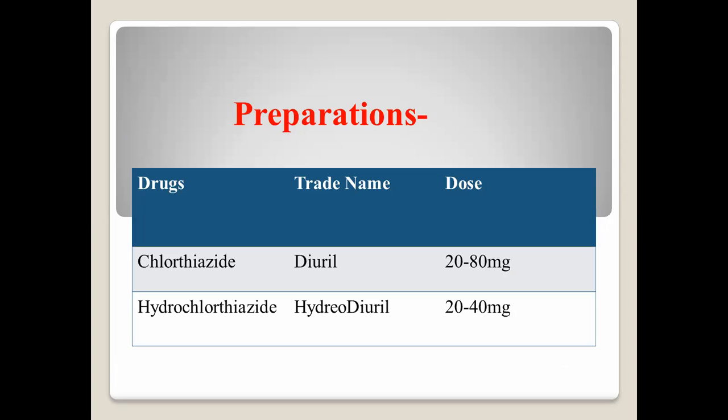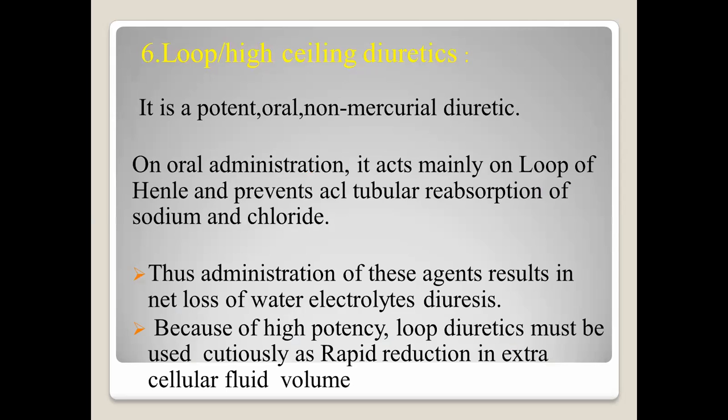Drug chlorothiazide, trade name Diuryl, dose 20 to 80 mg. आणि second hydrochlorothiazide, trade name Hydrodiuryl, dose 20 to 40 mg. Both the trade names are important for MCQ. Then hydrochlorothiazide is also an example of a thiazide derivative.